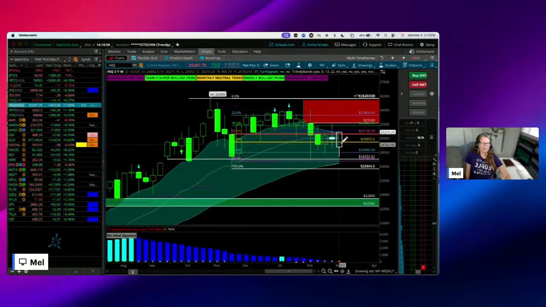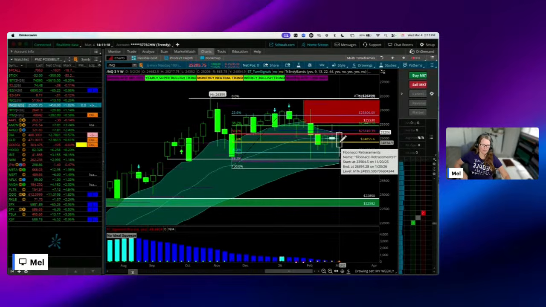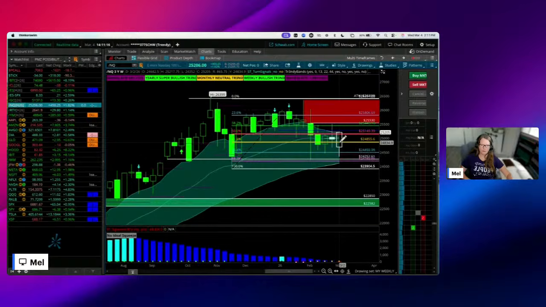And so you can see that the NASDAQ, although it is showing relative weakness to the ES futures, it is holding above that golden Fibonacci level.